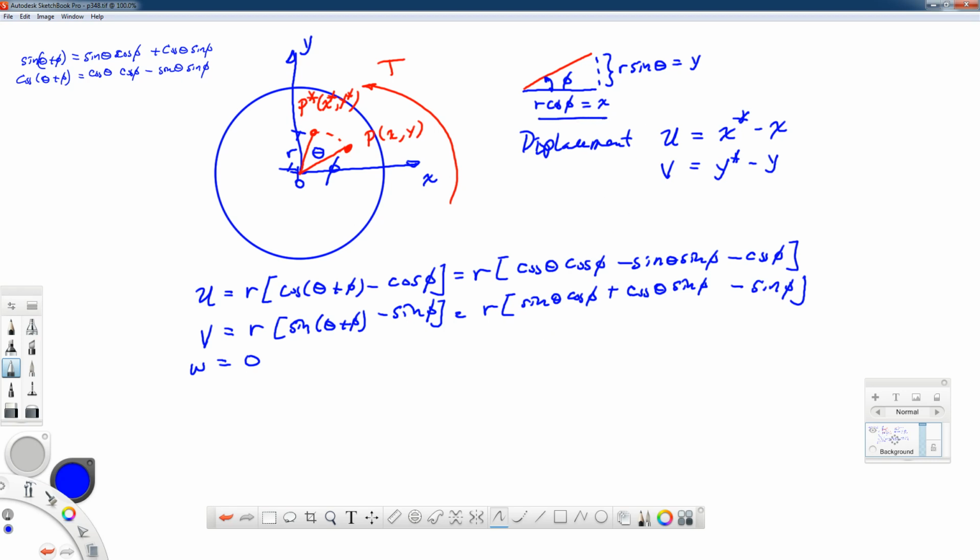Now since x is equal to r cosine phi and y is equal to r sine phi, we can make that substitution in here as well. And writing these lines down again, u will be equal to x cosine theta minus y sine theta minus x, and v is equal to x sine theta plus y cosine theta minus y.